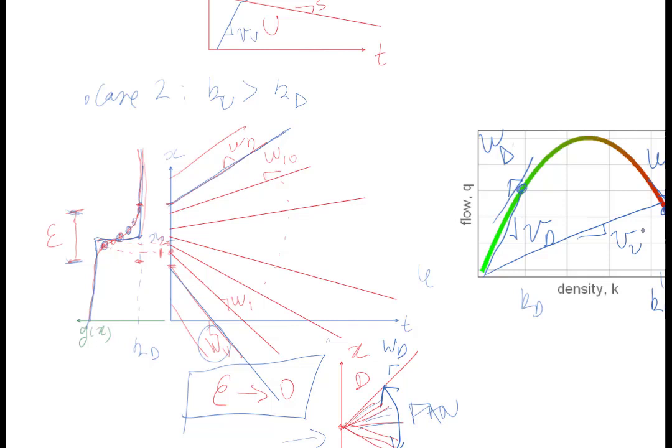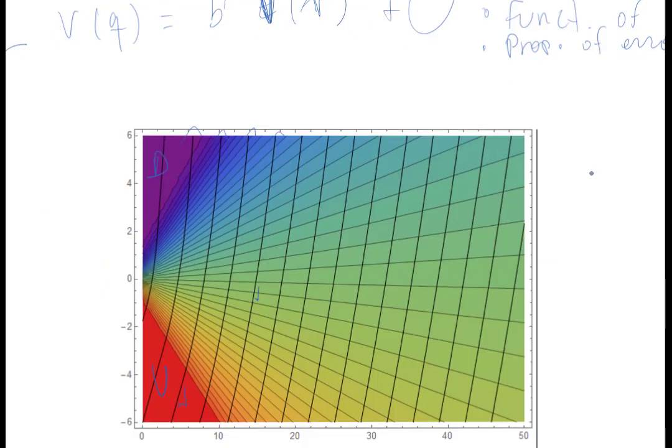Every time you touch a characteristic with the trajectory, the speed at that point is going to be the speed of vehicles at that characteristic. Say for the ith characteristic, Wi is the speed of this characteristic, and Vi is the speed of cars when they touch that characteristic.